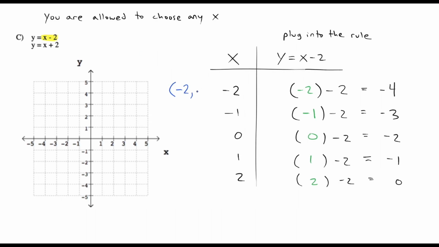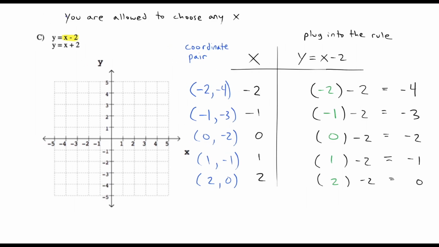So -2, -4 is the coordinate pair that I need to plot. That's an important skill to have, to be able to make a table out of inputs and then find the outputs. So we have -1, -3. 0 goes with -2, 1 goes with -1, and so on.